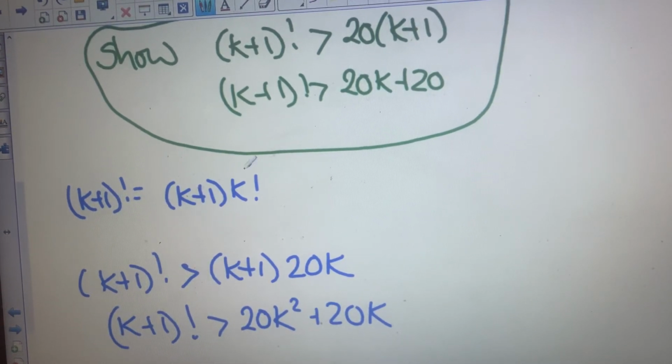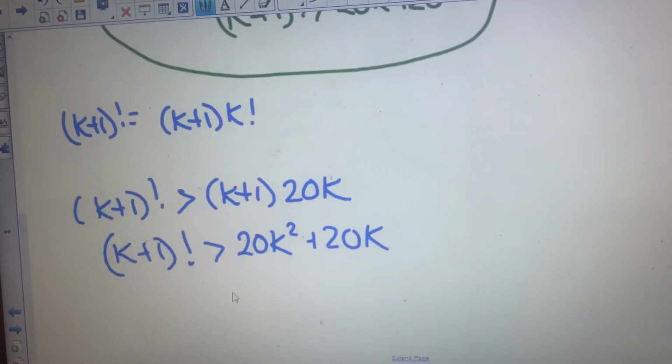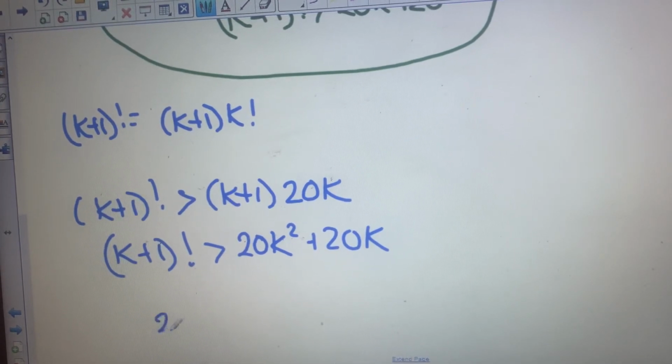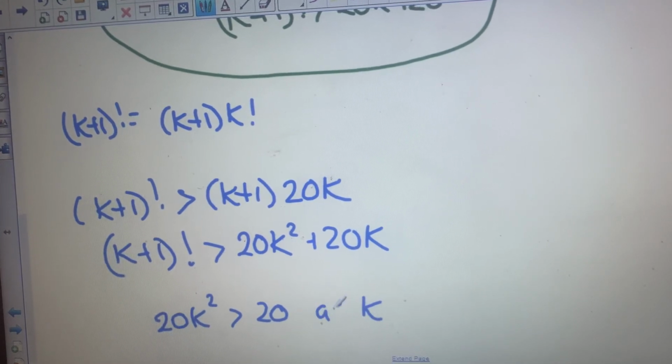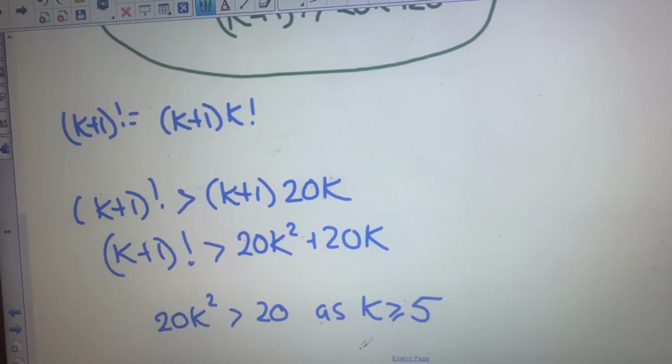Now we want to show that this is greater than 20k plus 20. Well, we've got the 20k, so essentially we want to show that 20k squared is greater than 20. 20k squared is definitely going to be greater than 20 as long as k is greater than 1. And we know that k is greater than or equal to 5. So it's definitely greater than 20.